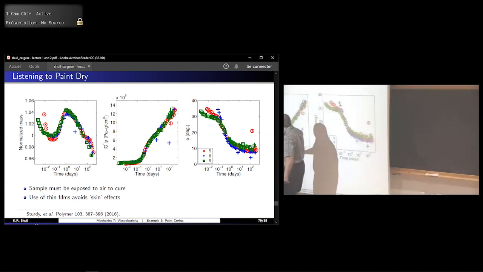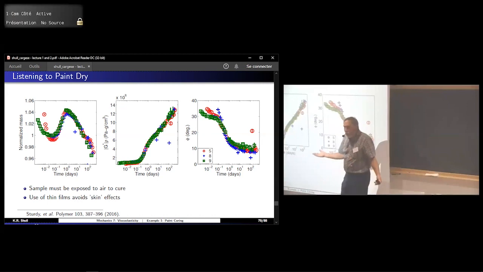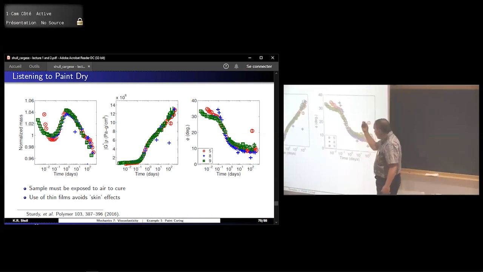And this is where we see a fairly big uptick in the modulus of the film. So it's basically a cure monitor for a film, which is curing as it's in contact with the environment.